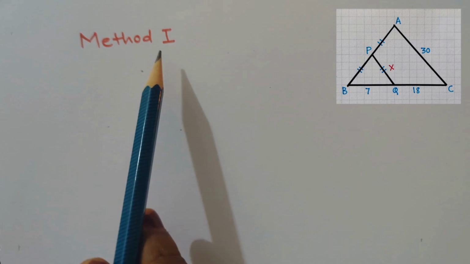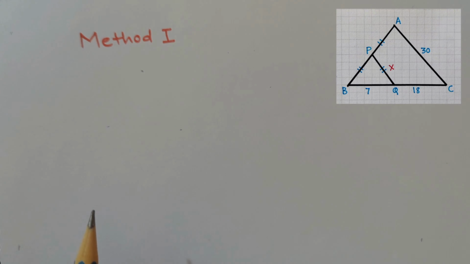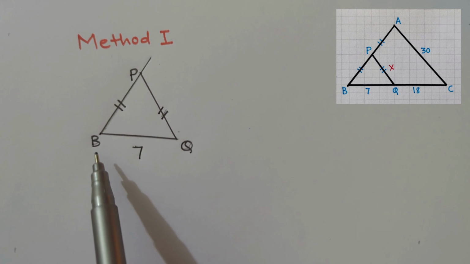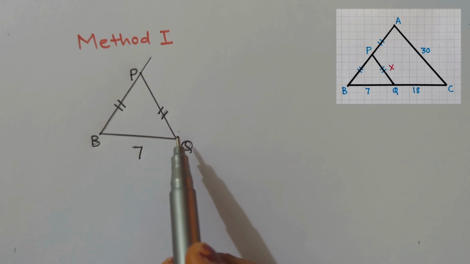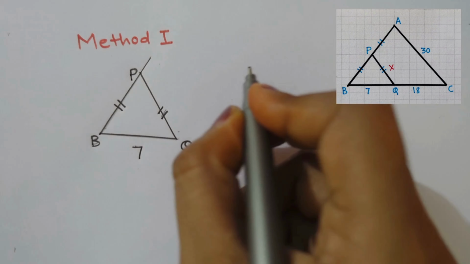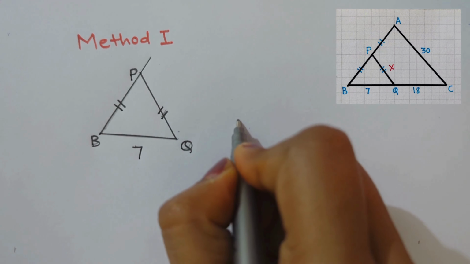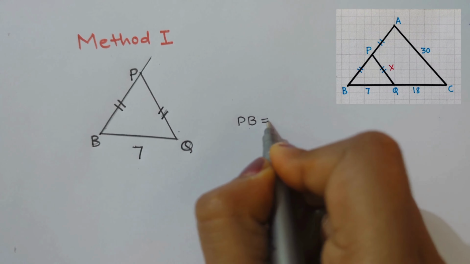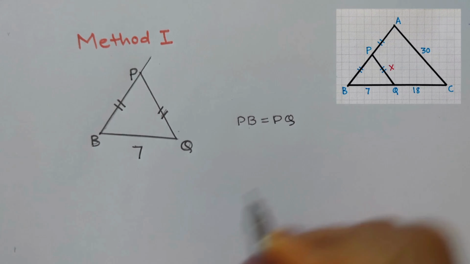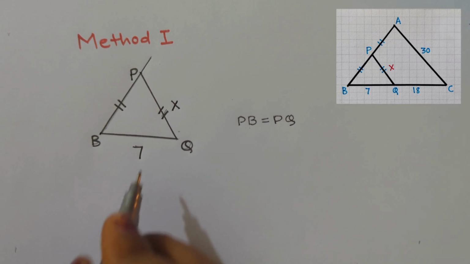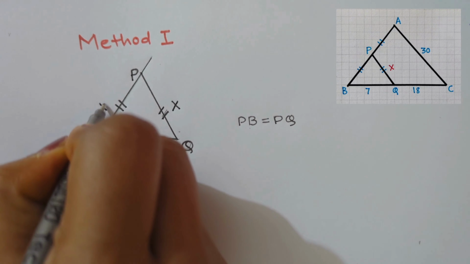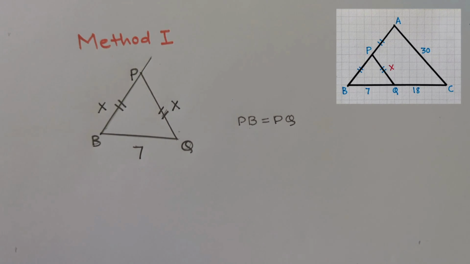Let us start with the first method. We are going to focus on the triangle PBQ. In this triangle PBQ, we know that PB is equal to PQ. PQ value is x units, so automatically PB would also be x.